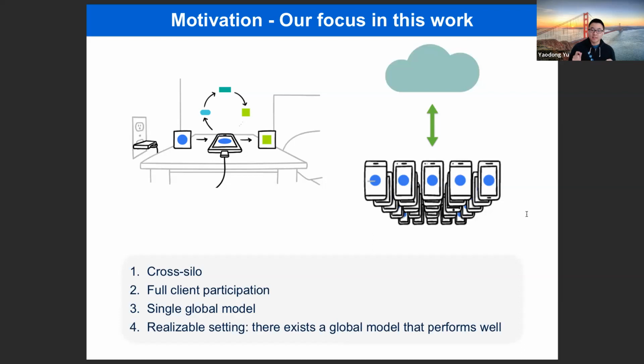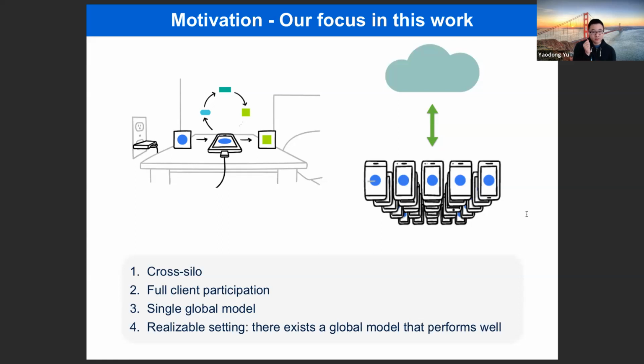Here is the setup for this work. It is not very general enough to include all the problems in federated learning, but several components could be relaxed in future work, and we can discuss that afterwards.